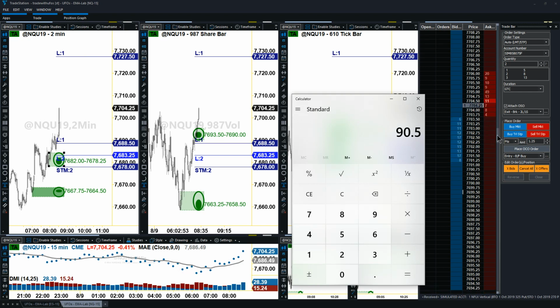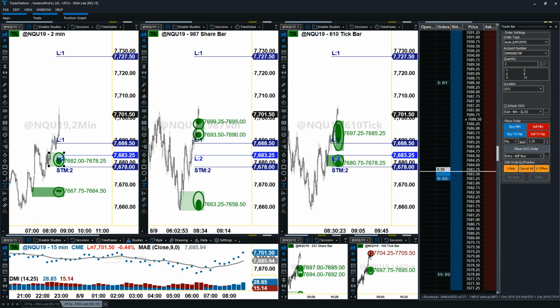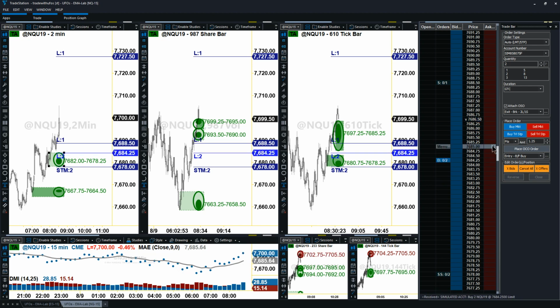Let's use the matrix. Okay, I'm just going to go ahead, move down to 76. Here we go, 76, 84.25. We have it, and then my safety target is going to be 90.5.